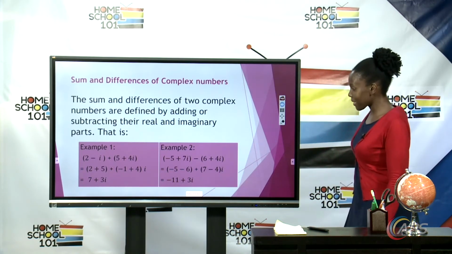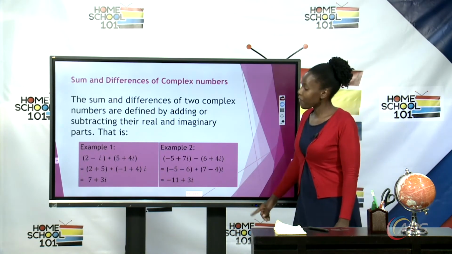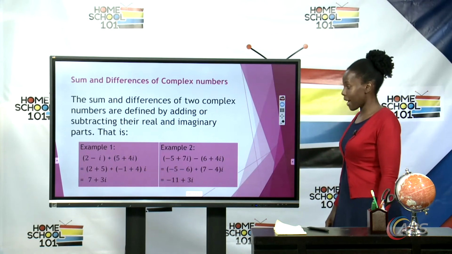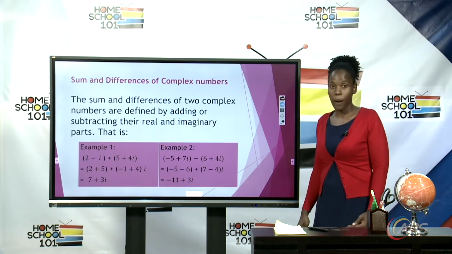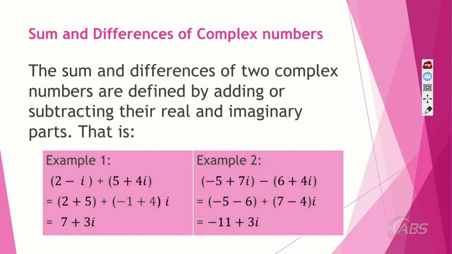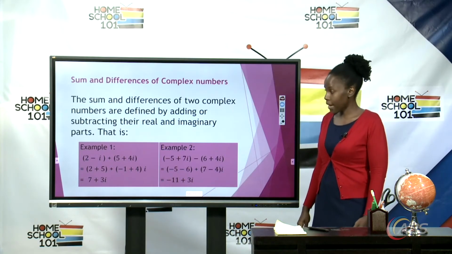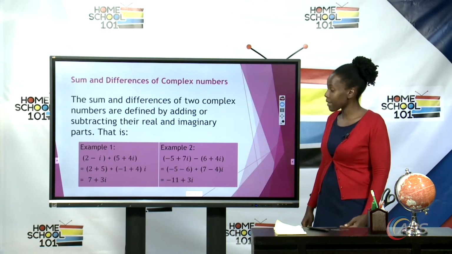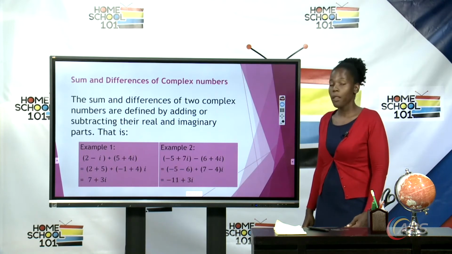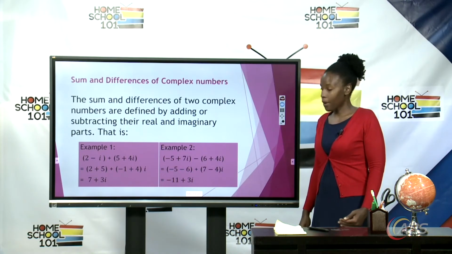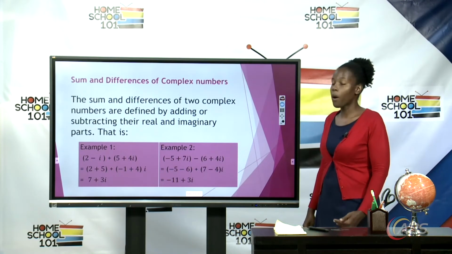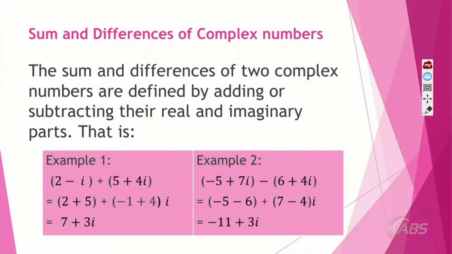Now, if we look at the examples here, in the first example, I have 2 minus i plus 5 minus 4i. In this case, what are their real parts? In the first case, the real part is 2, and in the second complex number, the real part is 5. Their imaginary parts are negative i, or negative 1i, and positive 4i. Therefore, if we're taking the sums, we need to take the sums of their real parts.